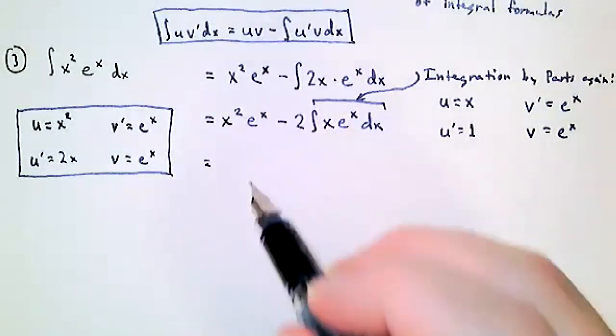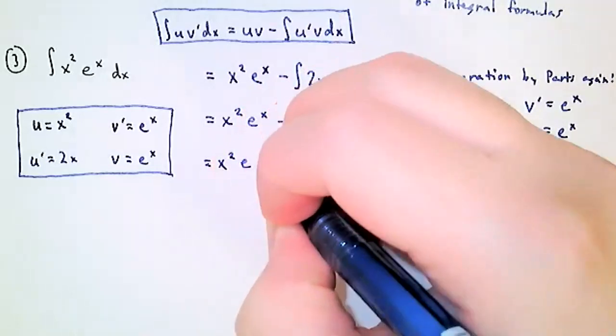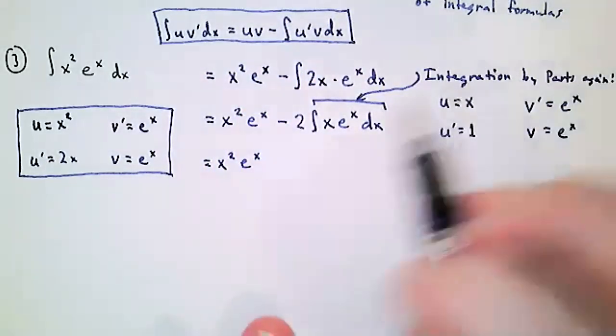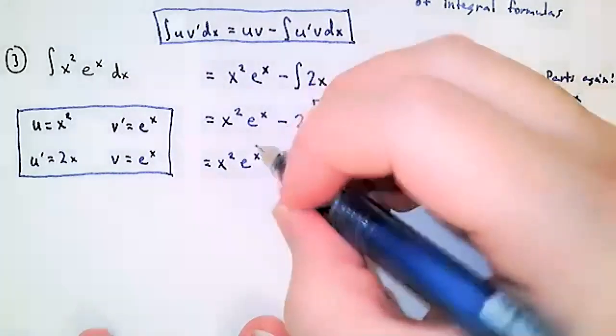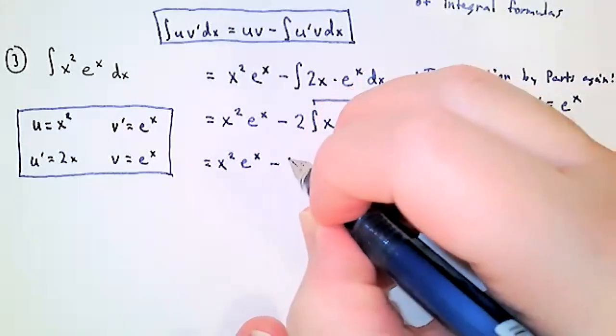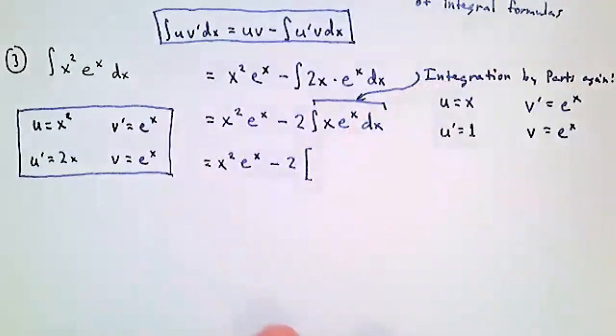Okay, so copy down what we had. And then at this point, we have to be really careful with our minus sign and, well, the constant 2 as well. So what you'll want to do is write -2 and then some big parentheses or some big brackets or something.